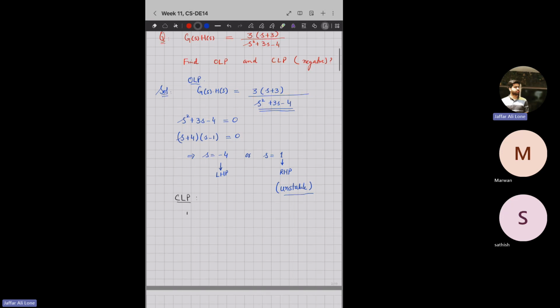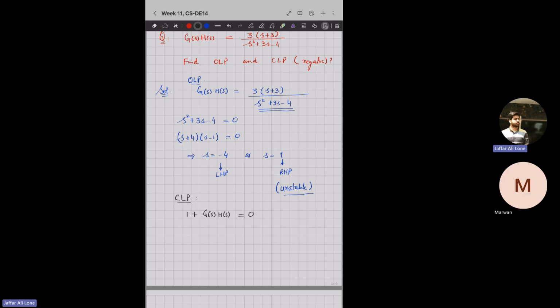We evaluate 1 plus G(s)H(s) and put that to 0, right? So 1 plus 3 into (s plus 3) divided by s squared plus 3s minus 4 is equal to 0.